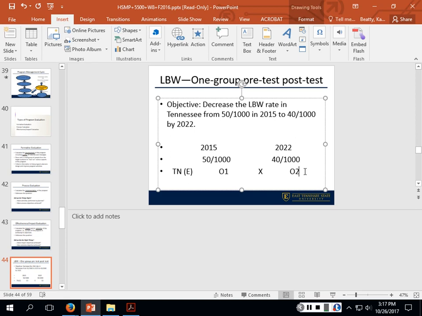So I'll give you an example from our work currently. Our experimental state, our intervention state, is South Carolina. Okay? We selected as the comparison state for South Carolina the state of Alabama. We looked at other possibilities. We looked at Tennessee, we looked at Georgia, we looked at North Carolina. We really looked at all of the states in the region here.